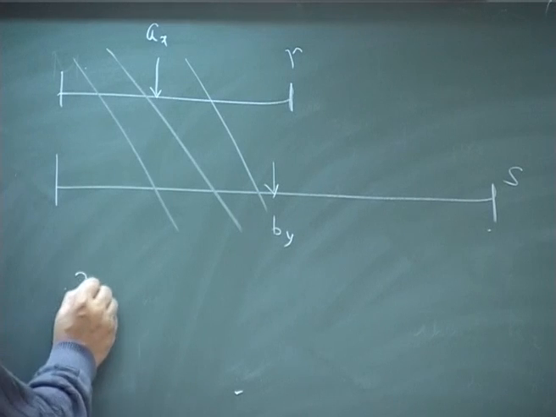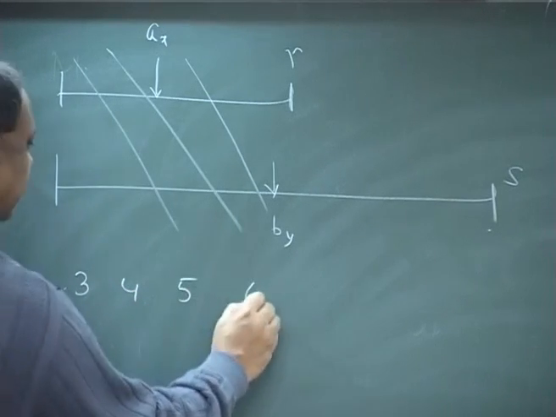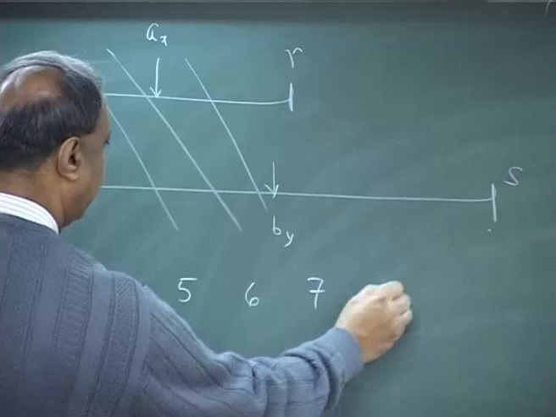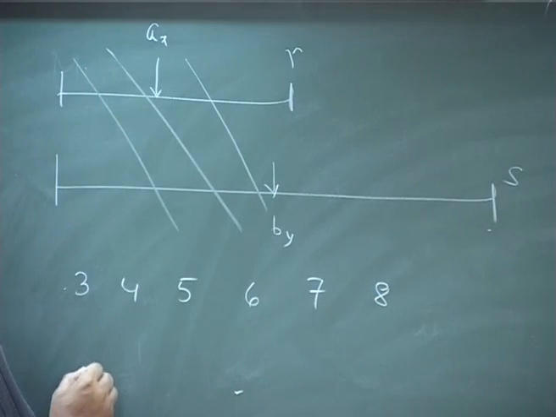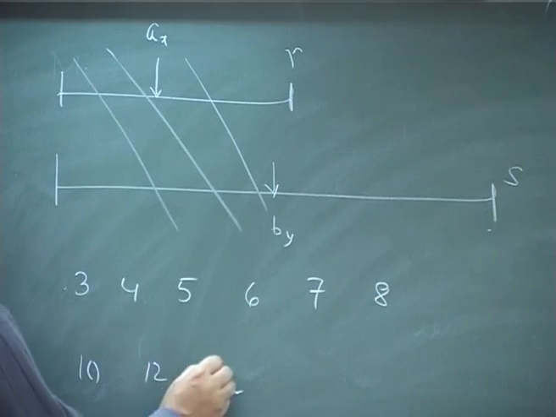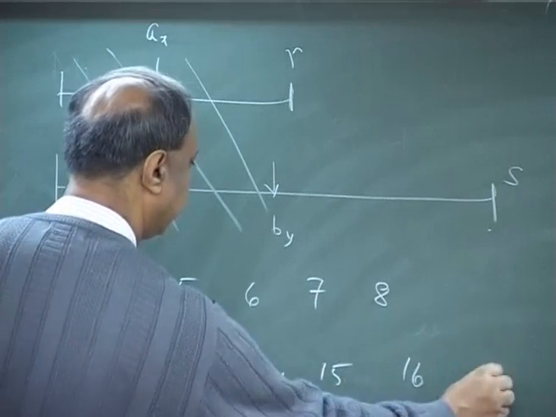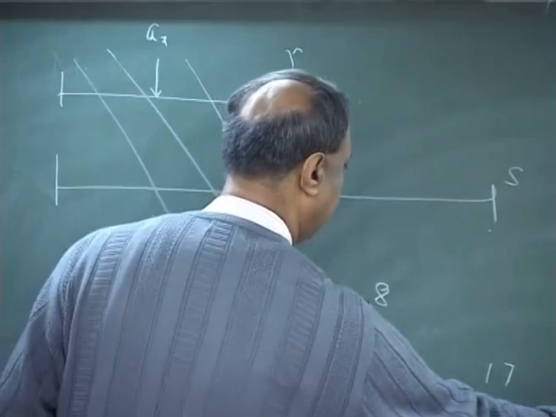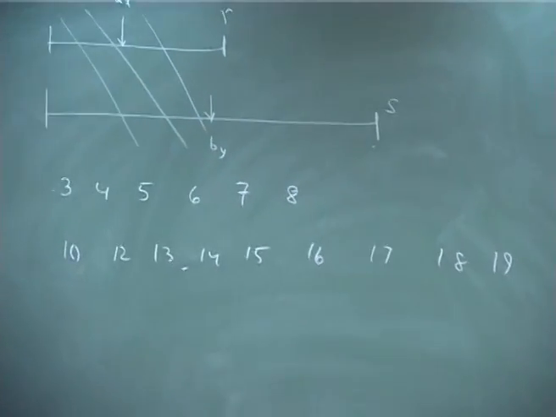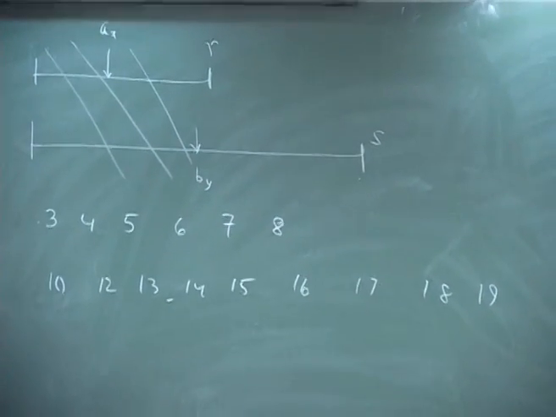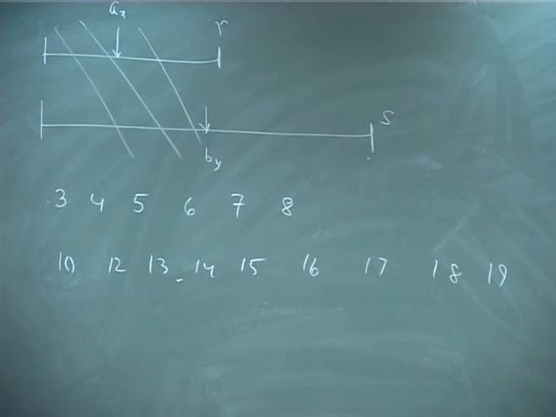Let us consider one example: 3, 4, 5, 6, 7, 8, and here 10, 11, 12, 13, 14, 15, 16, 17, 18, 19. Now tell me your strategy. 3, 4, 5.